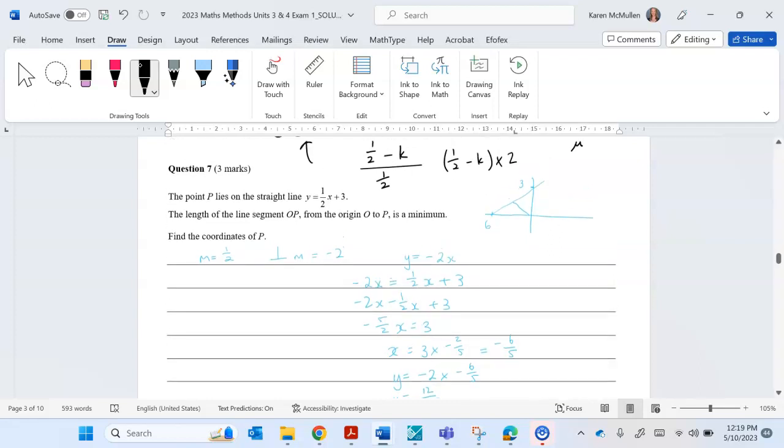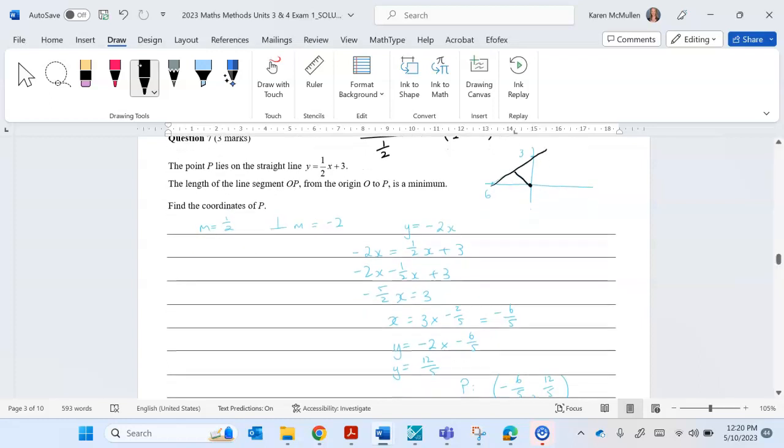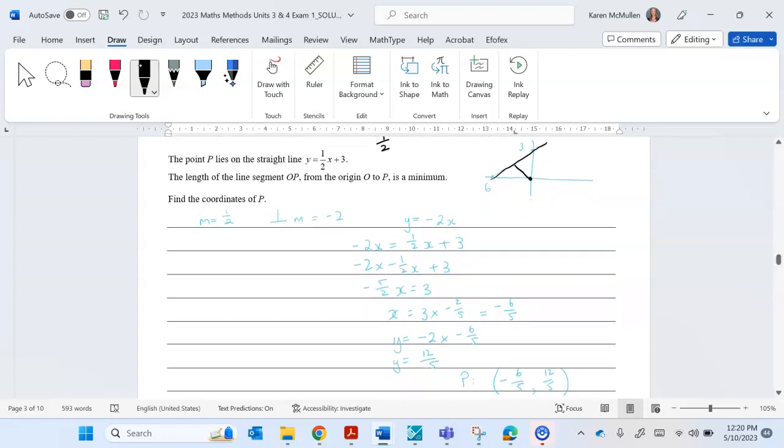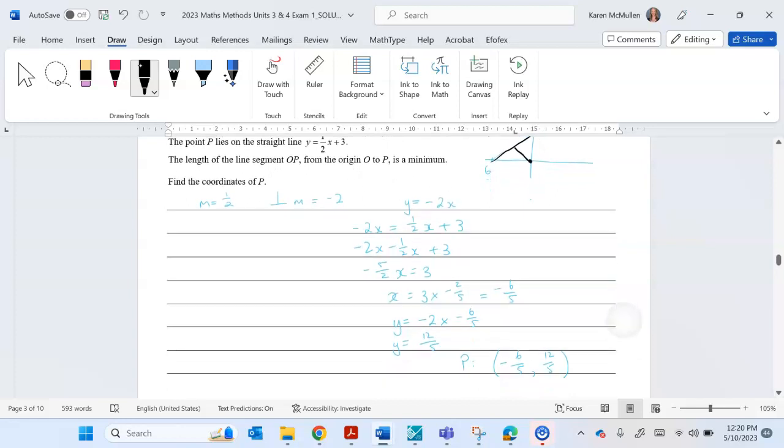So I just did a rough sketch over here, and you can see I've drawn the line of y. The line is going from the origin, so from here is 0, 0, and it's perpendicular to the line. I'm pretty sure there was a question like this on your first SAC, maybe your second SAC, I can't remember.